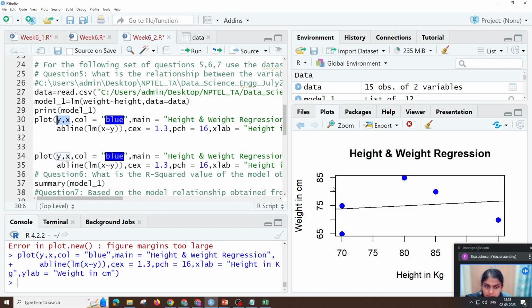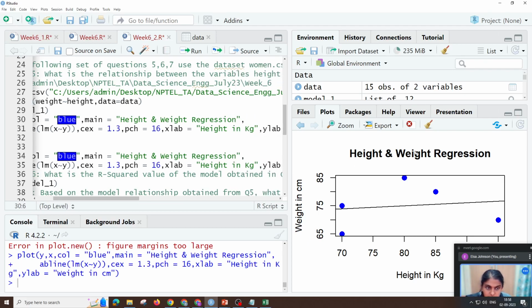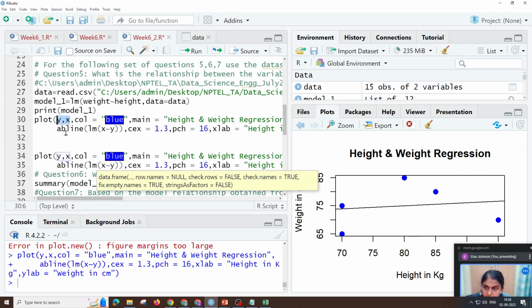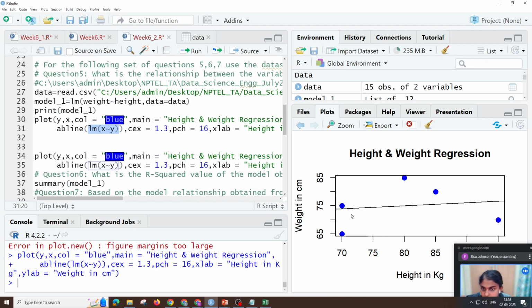I have given the data observations in the color blue, and the rest I have given the title height and weight regression, a regression between height and weight. Then I have given the abline, so that line is given by this model. It will fit a line here with respect to these values.